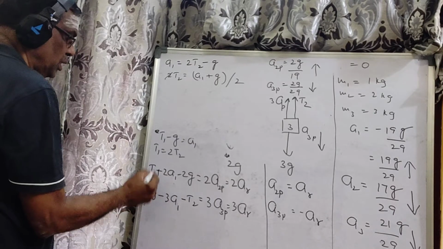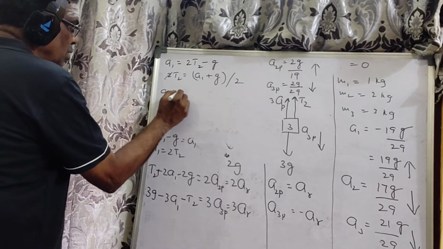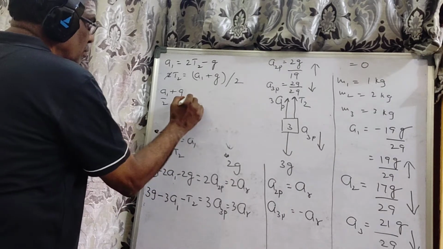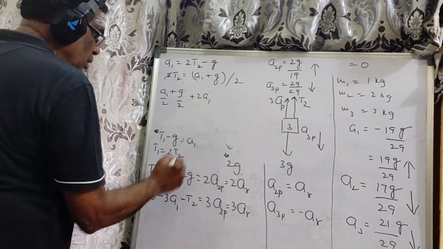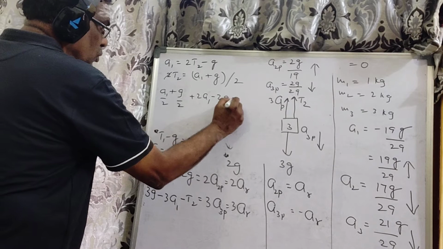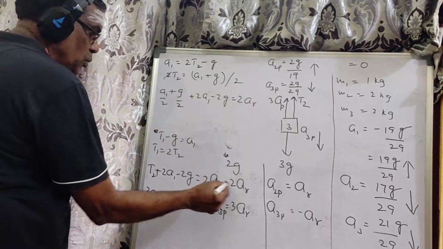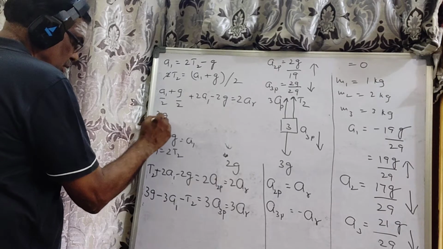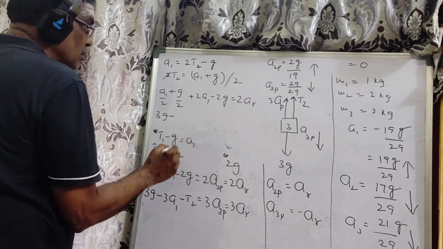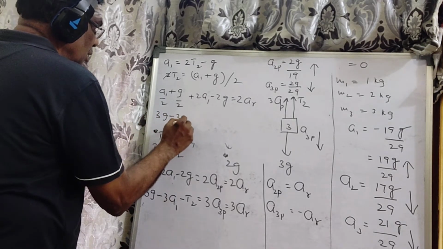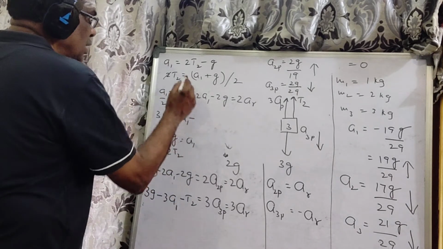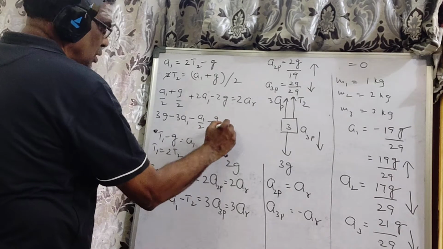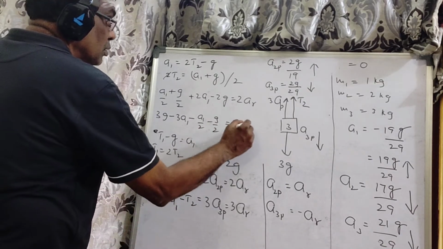I'll substitute it here. A1 plus this plus 2A1 minus 2G is 2AR. What about this? 3G minus 3A1 minus T2 minus A1 by 2 minus A by 2.